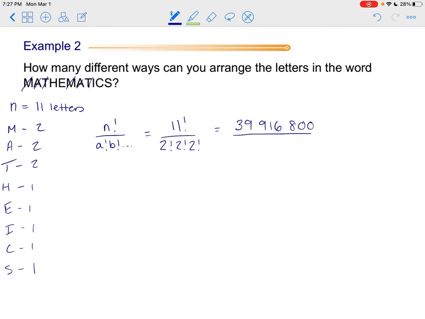So we're going to divide all of that by 2 factorial times 2 factorial times 2 factorial, which is 8. And that gives us 4,989,600 ways to arrange those letters.